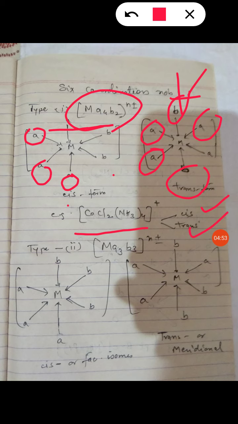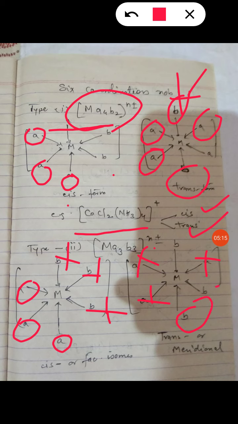Then the second type here, Ma3B3. Ma3B3 is represented here, metal with 3 A. The A are on the same side, and then the B are on the same side. Similarly here, A, A, B, they are on different phases. So when the same ligands are on the same phase, that is said to be cis isomerism or facial isomerism.